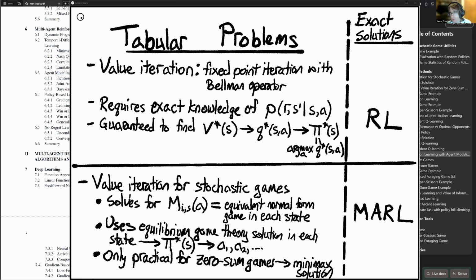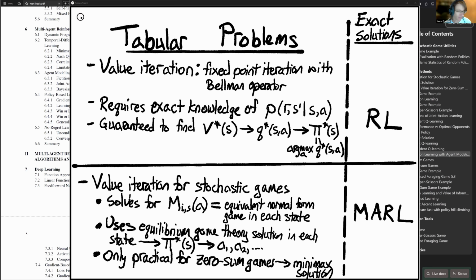Now, at the beginning of this chapter, we covered sort of the equivalent method for multi-agent reinforcement learning, and that is value iteration for stochastic games. For this, we use the same kind of fixed point iteration, but instead of finding the value function directly, what we're actually trying to solve for is these m values, which are going to form that matrix I showed earlier, which has the rewards for every agent for the joint action selection.